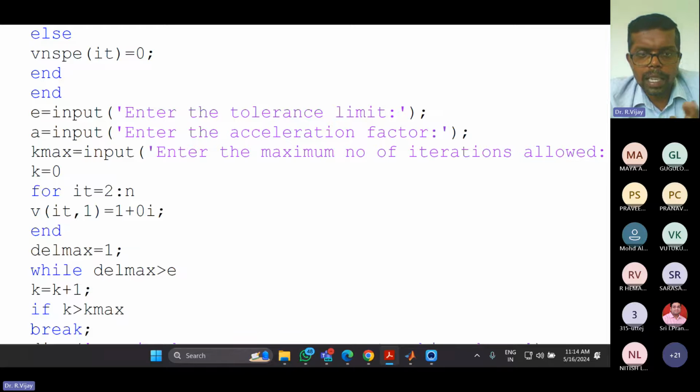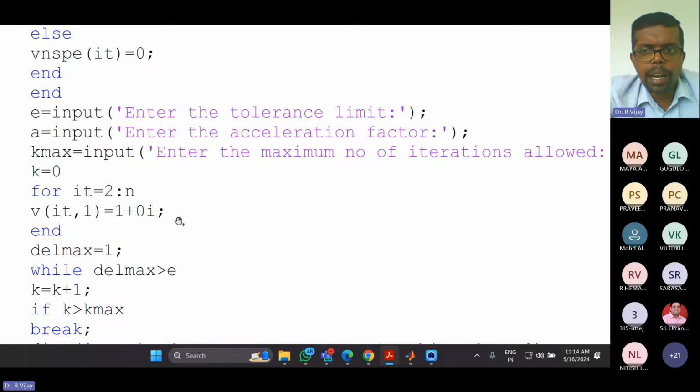It will check that the change in the voltage should be less than your tolerance limit; then only the program will stop. Otherwise, it will keep running. So don't take 1. Take 0.1, or 0.001, because the change in the voltage we are getting is like 0.0 something.